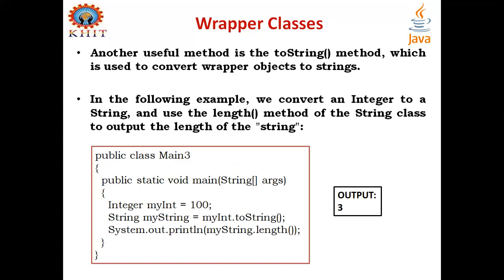You can call this through objects of classes like wrapper classes, and in the previous video also we accessed these methods, right? It converts wrapper objects to strings. A wrapper object is converted into a string by using this toString method.